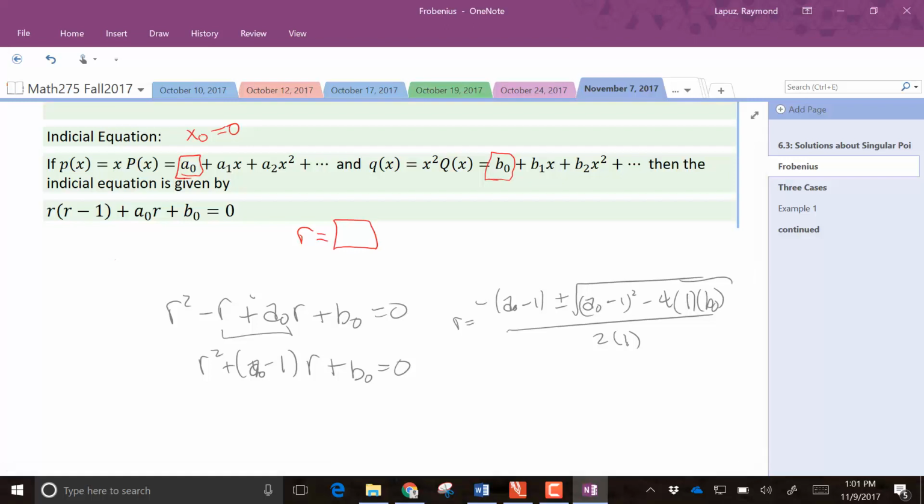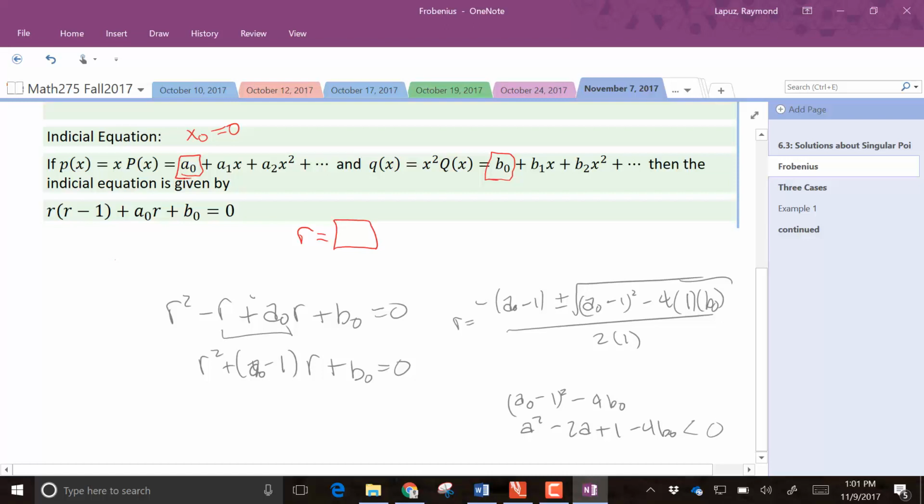So we're going to be concerned about when the thing under the square root is positive, negative, or equal to 0. If we look at the thing under the square root, a naught minus 1 squared minus 4 b naught, or a squared minus 2a plus 1 minus 4 b naught, I was trying to figure out when this might be negative.